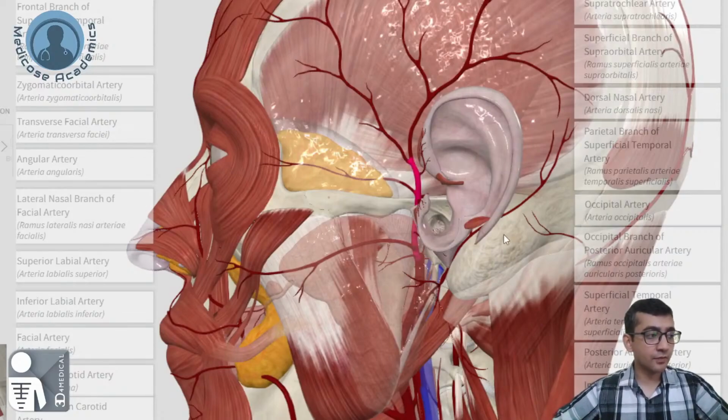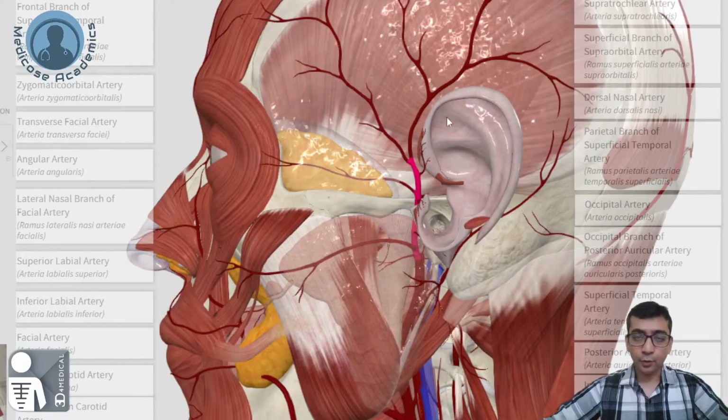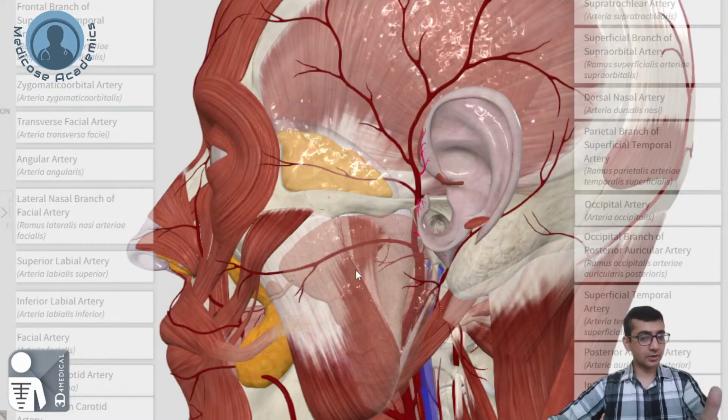It is the terminal branch of the external carotid artery that supplies the superficial aspect of the temporal fossa. It will divide into many branches: the middle branch, zygomatico-orbital branch, the frontal branch, the parietal branch, the auricular branch. There will be many branches spreading out from the superficial temporal artery to supply the area around the temple.